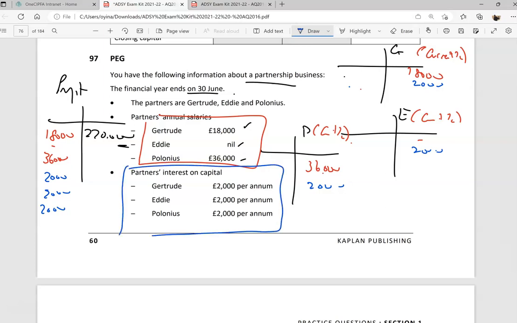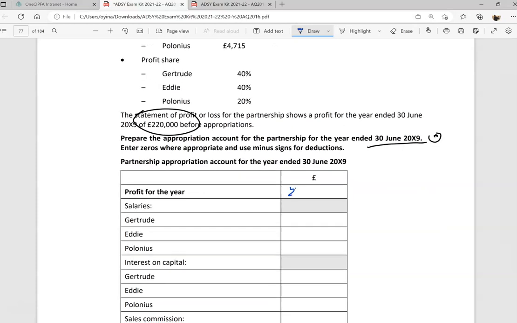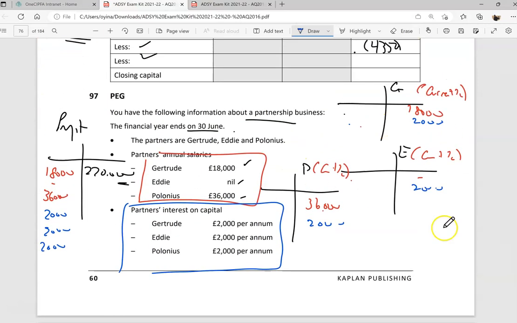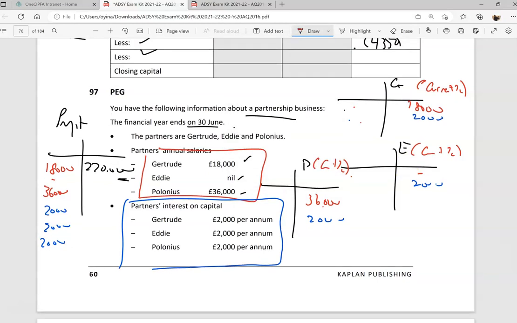So let me map it to the question. Here I have right now 220,000. It's telling you to take away what I've just done. It's the same thing, so you can see the parallels, right? That's the parallel right there. 18,000 and 36,000.